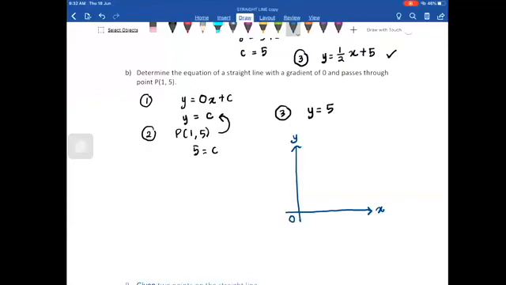Okay, I will answer my own question. When gradient is 0, it becomes a horizontal line. So when gradient is undefined, it becomes a vertical line.